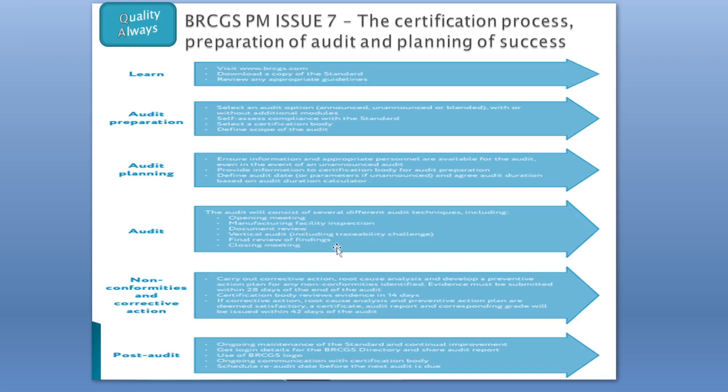So these are the requirements of the audit, and then the non-conformities and the corrective action. Carry out the corrective action, root cause analysis, and develop a preventive action plan for any non-conformities identified. Evidence must be submitted within 28 days of the end of the audit.